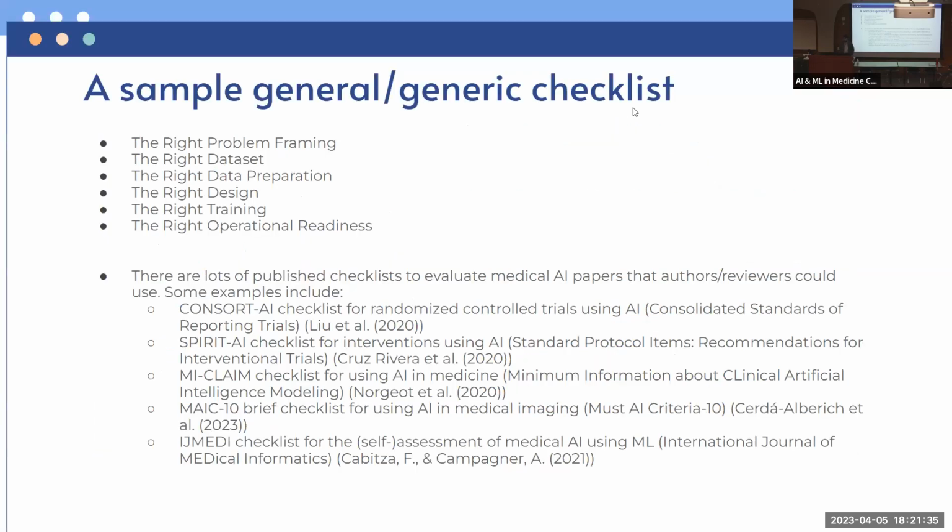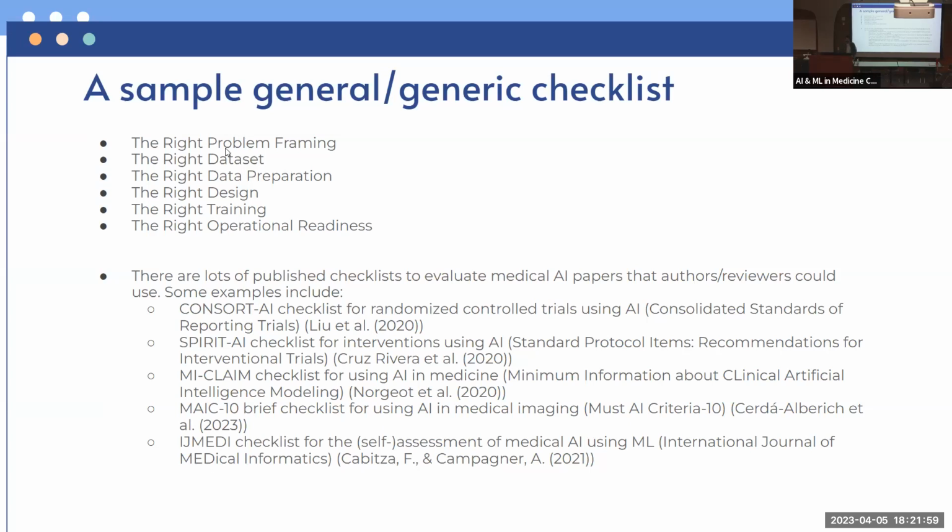Now, a sample generic checklist to look at an AI paper or a medical AI paper. And again, this can be implemented in a lot of different disciplines. First of all, the question you ask is: is this the right problem framing? Are they actually solving something that's relevant, that's useful?